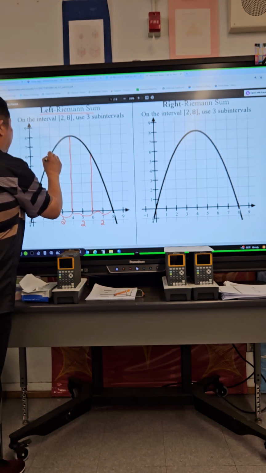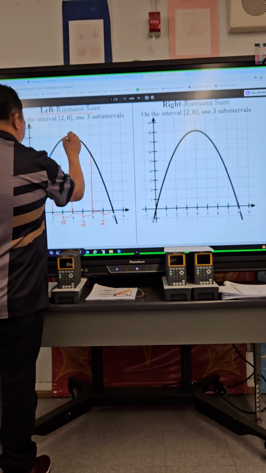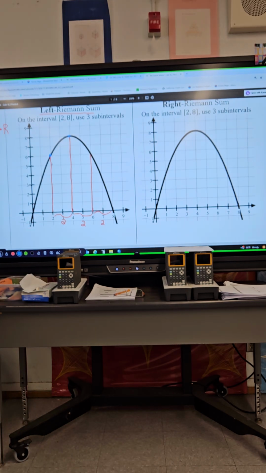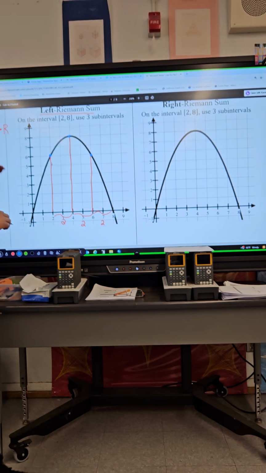It's coming from here, so it's going to be f of 2, right? Then f of 4, and the last is f of 6. The direction is from left to right.